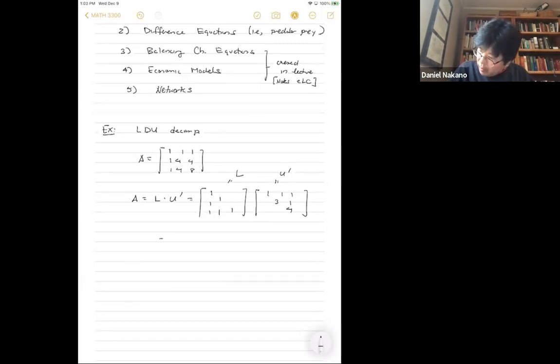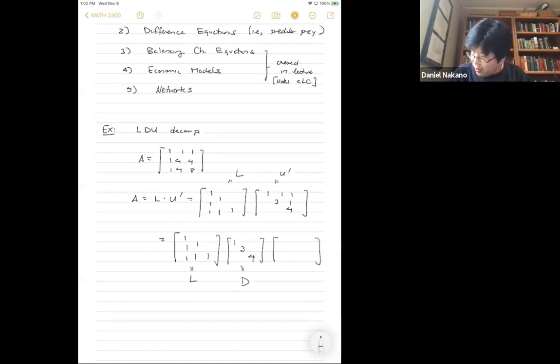So L is still 1 0 0, 1 1 0, 1 1 1. Your D is 1, 3, 4. So you pull the entries off. But in order to compensate for that, I have to divide each of the rows of U prime by the corresponding entries.